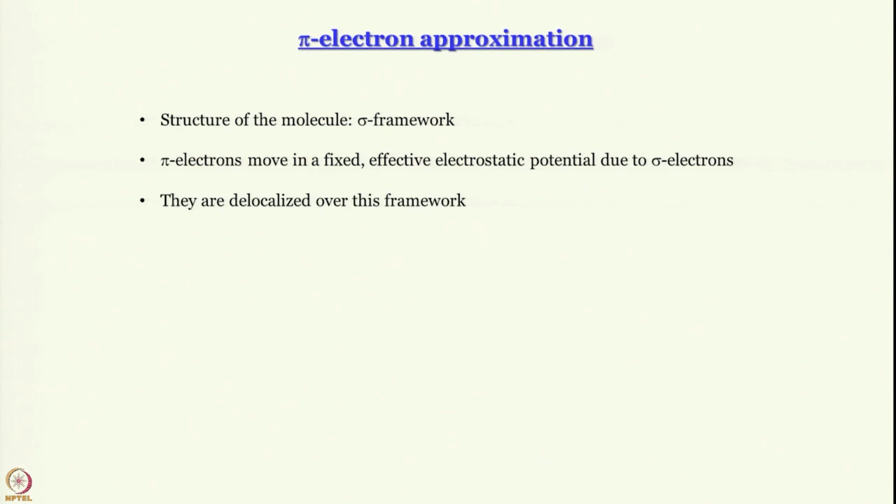The electrons are supposed to be delocalized over this framework. In our earlier discussion of ammonia, for example, we have said that delocalization is the biggest strong point of molecular orbital theory. So, there is no reason why we should give up on this unique advantage that this theory offers us, right?